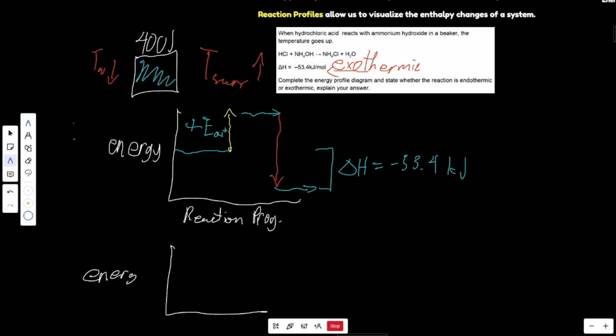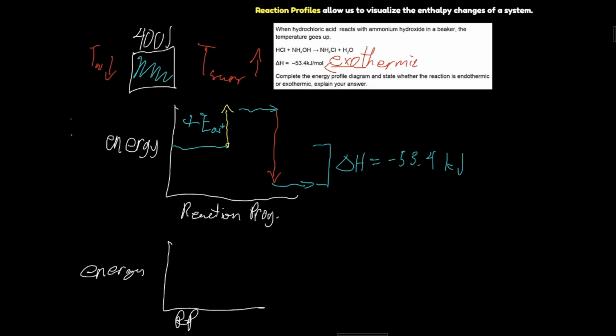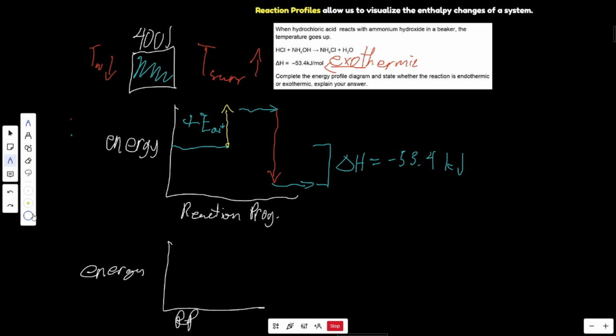Energy, and reaction progress. So an endothermic reaction would look like this. Let's just use one color this time. It would have the same starting point, and then it would increase in energy, and the ending point is still higher than where it began. So take note of the difference.